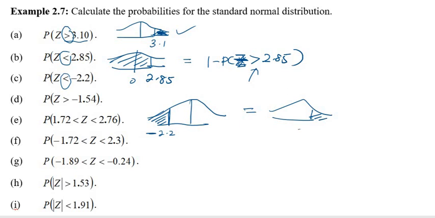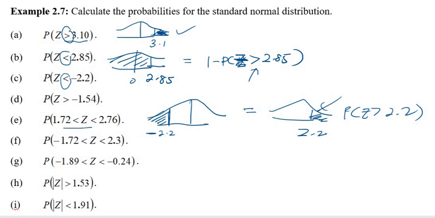Symmetric with the right hand side, which is the positive value. Z less than negative 2.2 is equal to the positive Z greater than 2.2. This part we have in the table, so it is equal to Z greater than 2.2. So directly take the value of probability from the table.